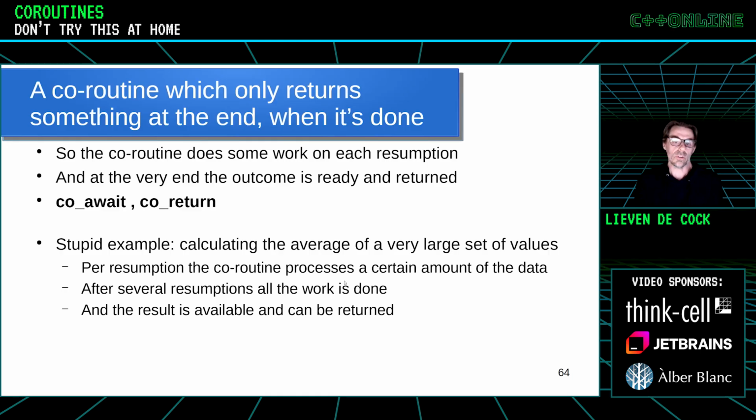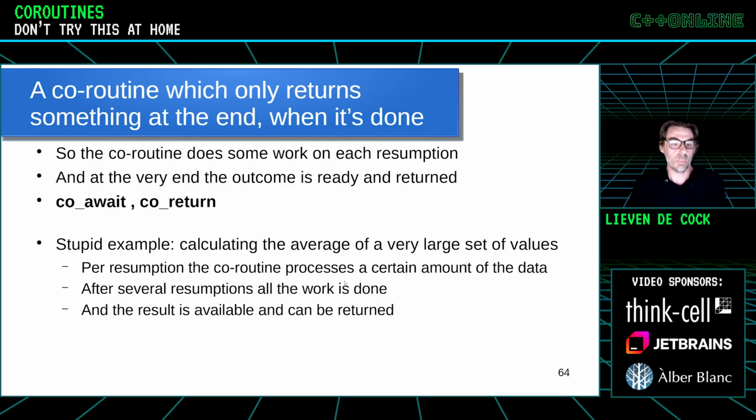Let's say we want to calculate the average of a very large set of values, and per resumption the coroutine is going to add a few of those values, in our example only one, and when sufficient resumptions have occurred and all the work is done, at that moment the coroutine can say, now I can divide my sum by the number of values, and I can return this value.